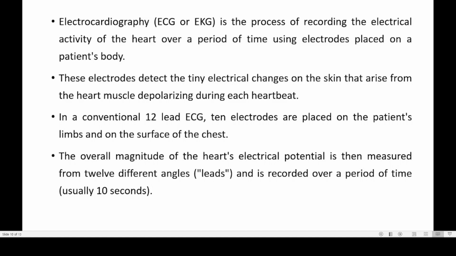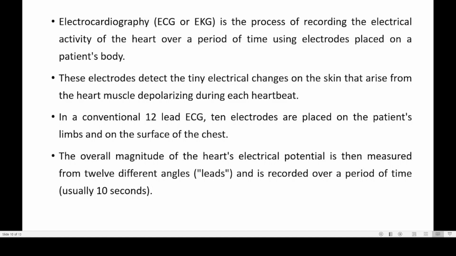So how are we doing this? We have to understand that. Basically, every organ in the human body is producing some kind of electrical activity, and it is possible to measure this electrical activity by using highly sensitive electrodes. That is what we are using in ECG.